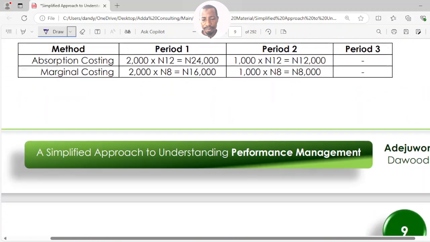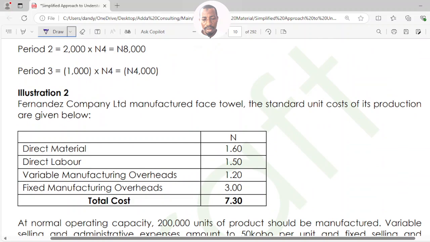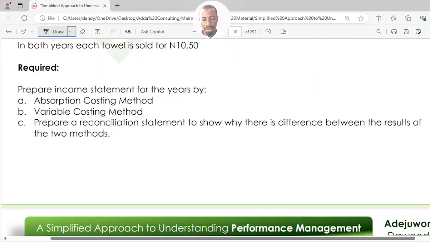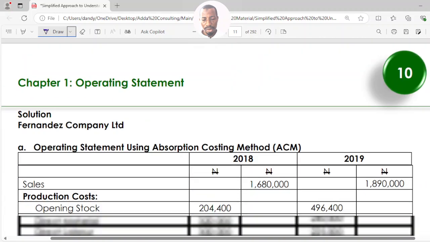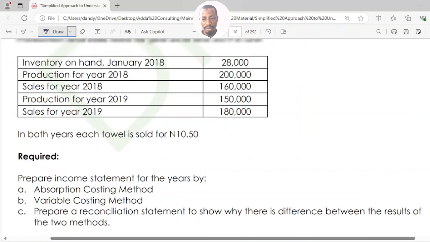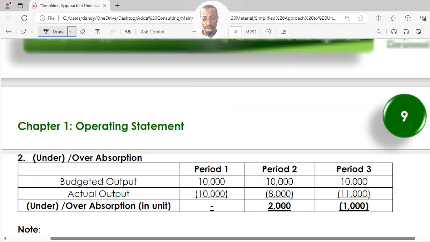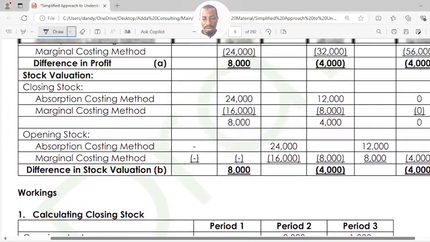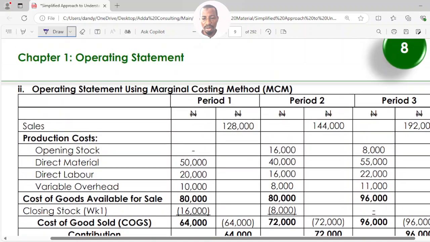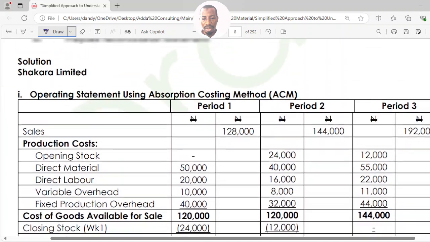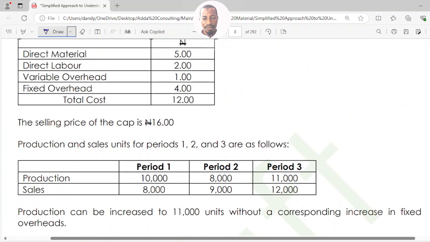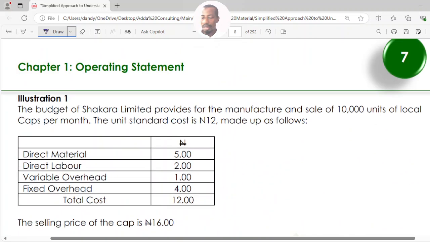Let's have an illustration. Let me solve illustration number 1, the one with 3 periods. So let's have one example. All right, let's solve this one.